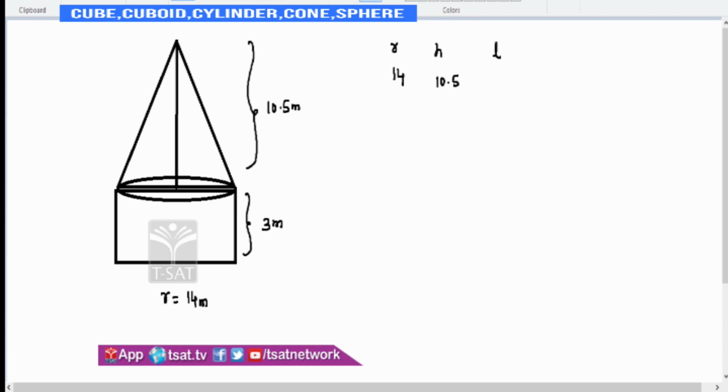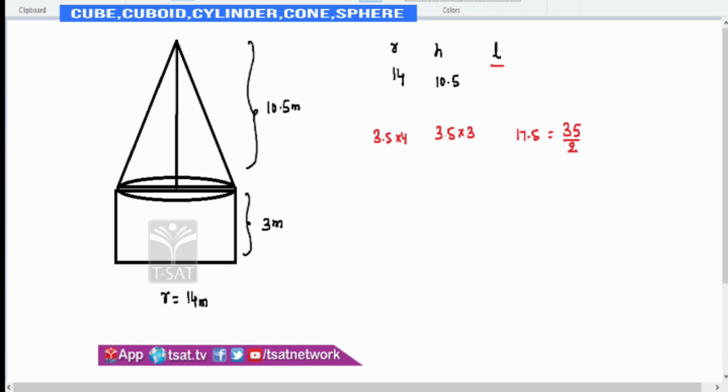This I can say 3.5 into 3, this I would say 3.5 into 4. Therefore the slant height becomes 3.5 into 5, which means 14 plus 3.5, 17.5, or else you can say 35 by 2 becomes your slant height.